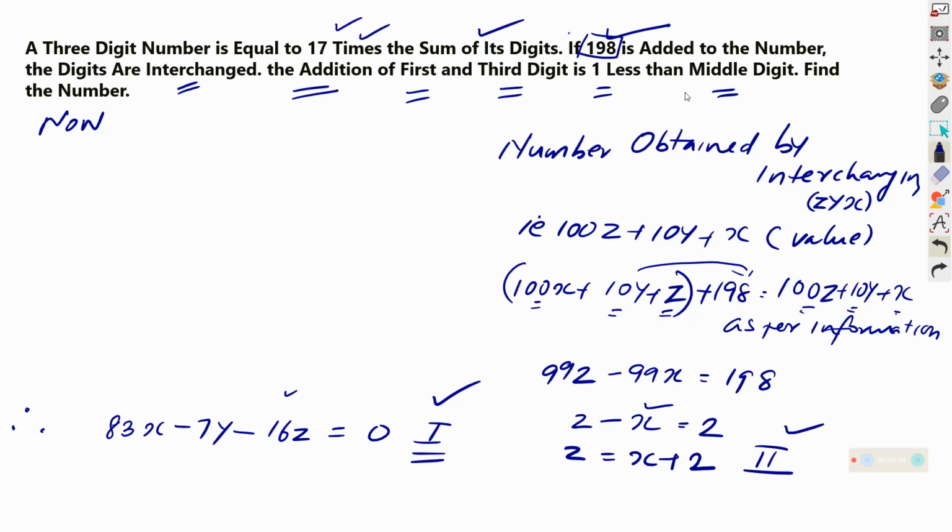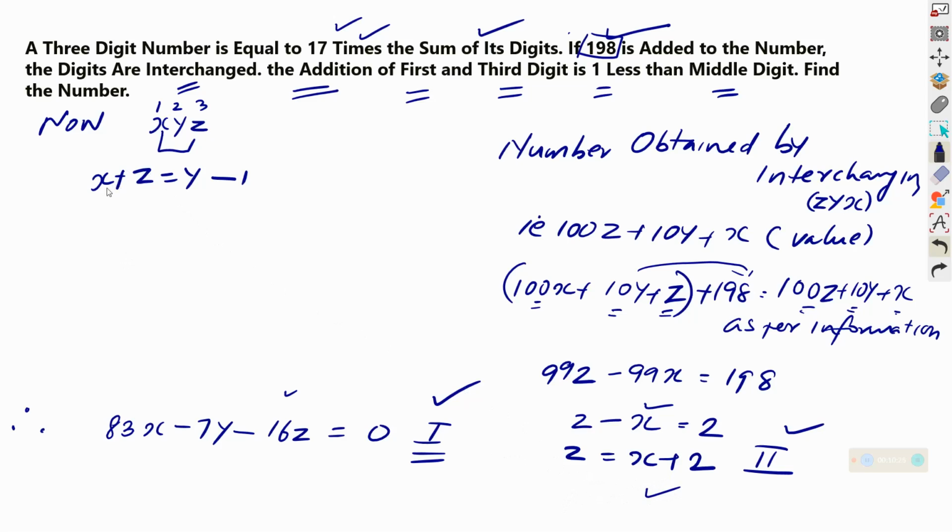So let us think about the digits x, y, z that you originally considered. This is the first digit, second digit, third digit. So we have to add x plus z. Being 1 less than y, y minus 1 is equal to x plus z.